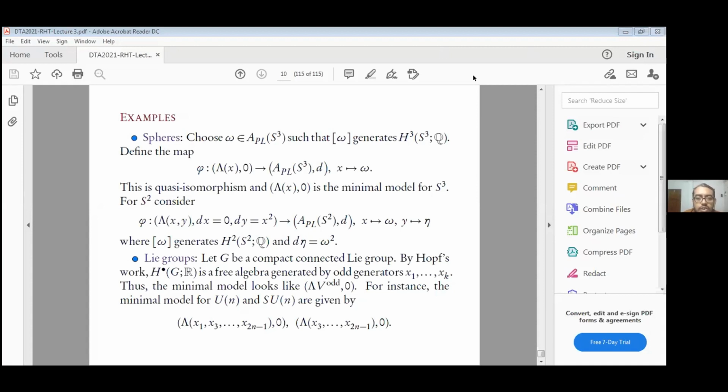Yeah. So if two spaces are rationally homotopy equivalent, then they have isomorphic Lie algebras. But the converse is true? So by the converse, you mean that... See, the point is, if you take, for example, RP3 and S3, if you look at the rational homotopy groups, they're the same, correct?